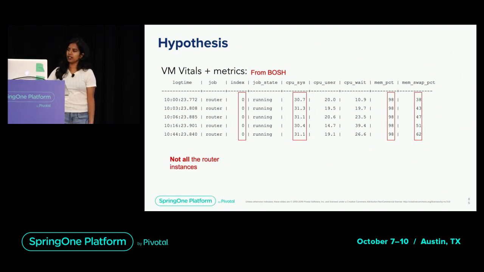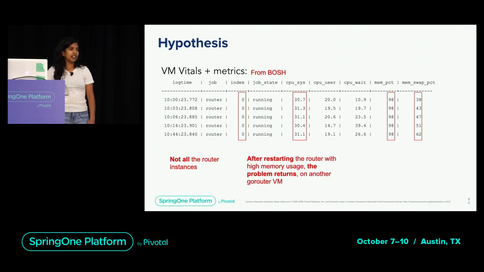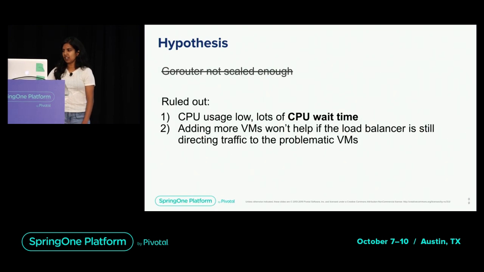But we also learned from looking around on the other VMs that not all of the router instances see high memory and increasing swap, just a few of them. And in fact, after restarting the router with high memory usage, the problem returns, often on another GoRouter VM. And also the health check endpoints for the load balancer report that the VM is healthy.